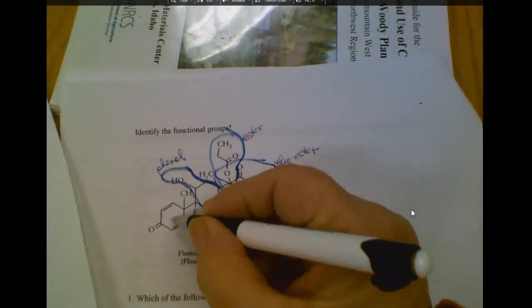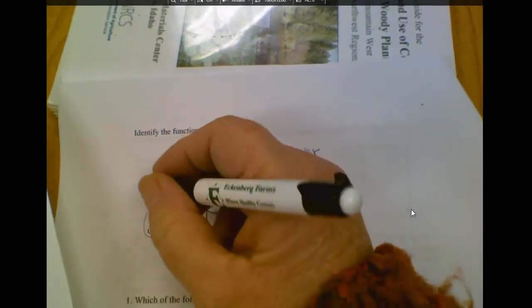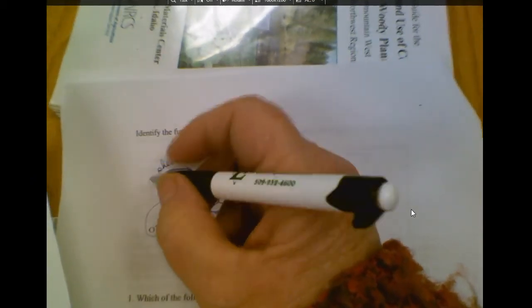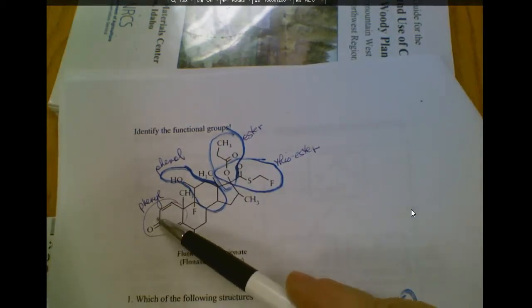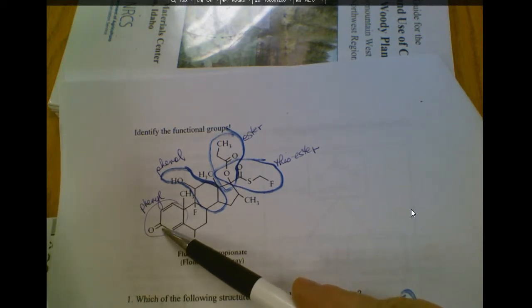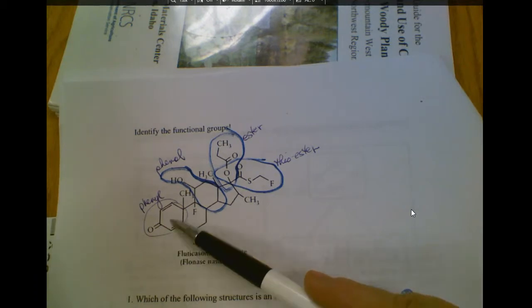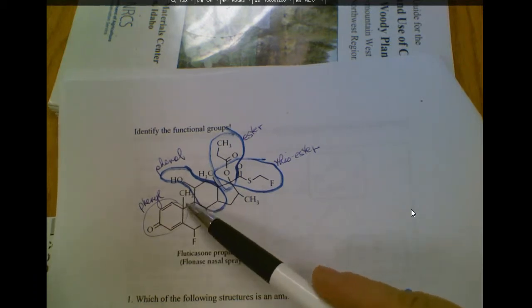So I would have here a phenyl group. And I can also look at that if I've got a double bond O with a carbon. And I've got an R group on the other side.